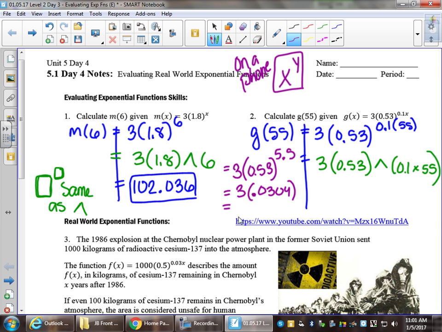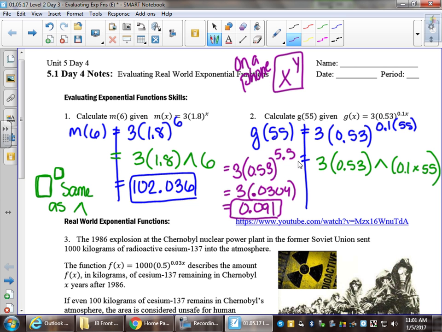Do 3 times that, and what do you get? 3 times that? Yes. 0.091? Yeah. So my phone people, that's how you'd go about using your phones.